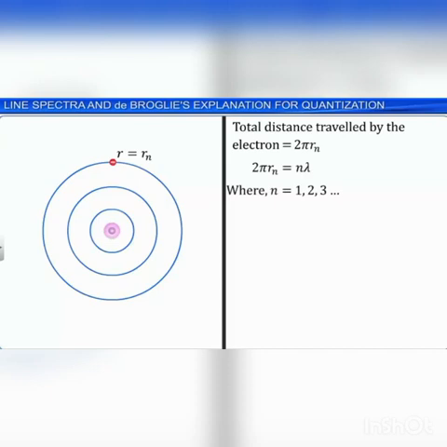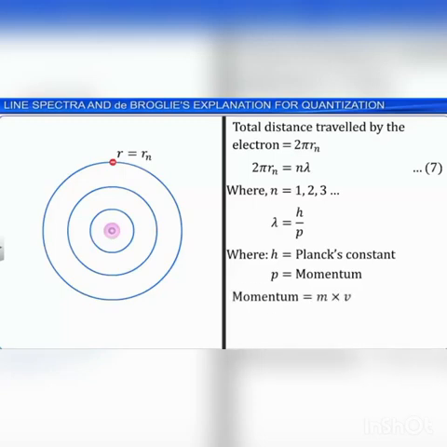Let this be equation 7. We know that de Broglie's wavelength corresponding to the motion of a particle having a momentum p is given by λ is equal to h by p. Here, h is the Planck's constant and p is its momentum. As momentum is the product of the mass m and the velocity v, we have λ is equal to h by mvn.